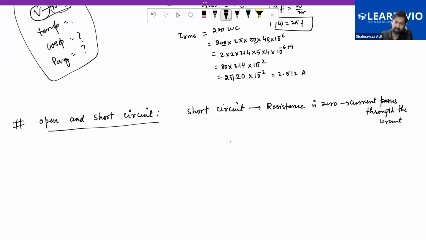So something like this one. So this is the short circuit. There is no resistance and the current is passing through.